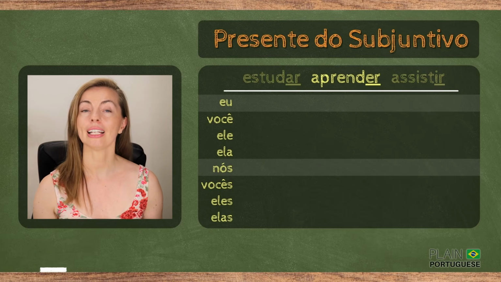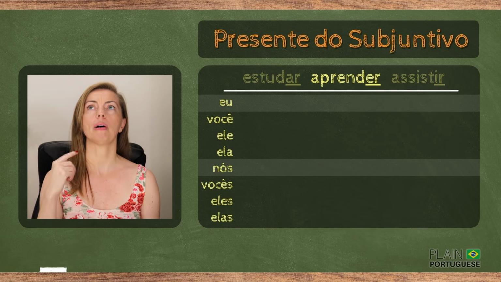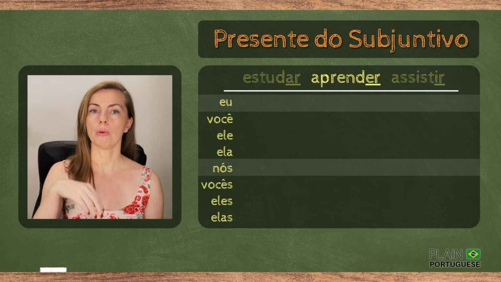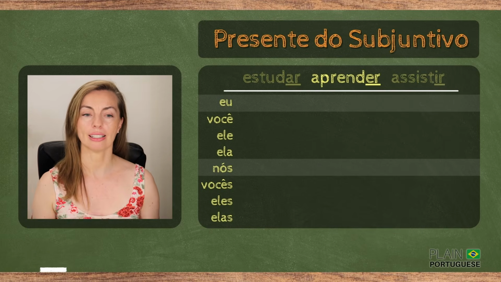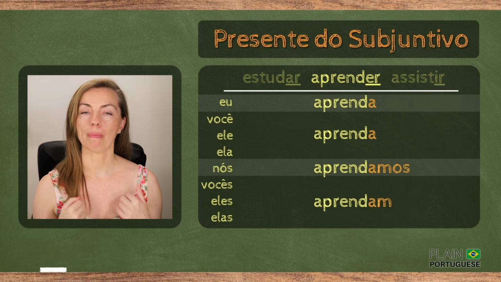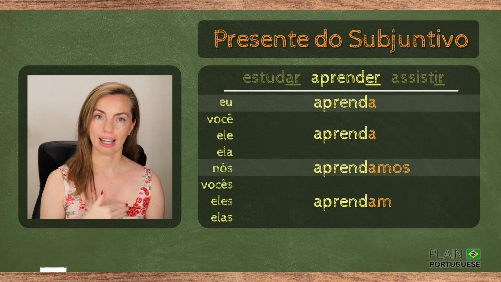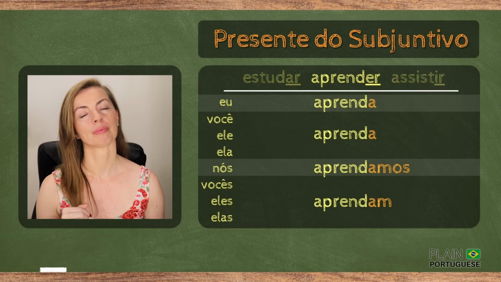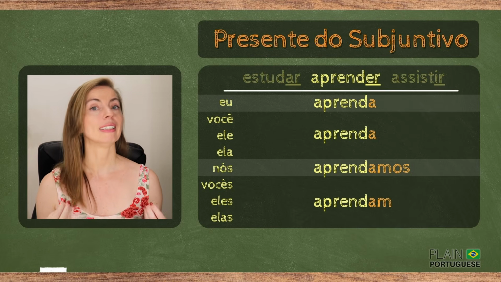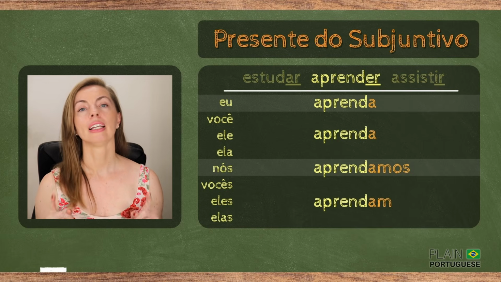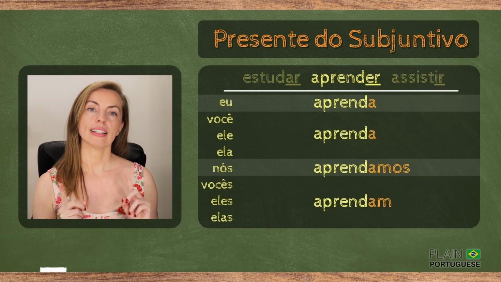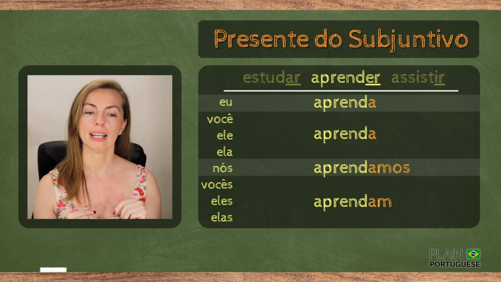Yes, now let's take a look at aprender. Aprender, eu aprendo, drop the final O, add the corresponding endings. Que eu aprenda, que você, que ele, que ela aprenda. Que nós aprendamos. Que vocês, que eles, que elas aprendam.